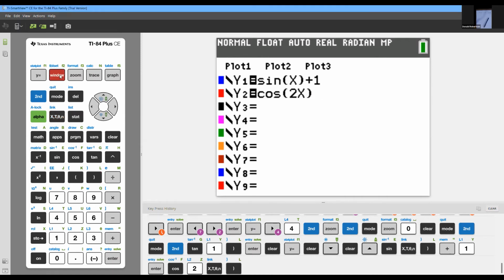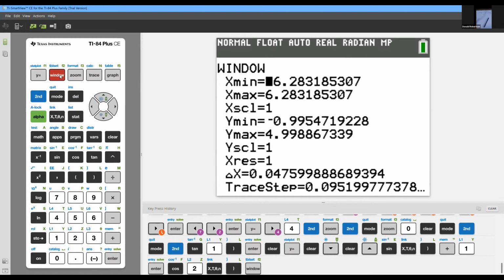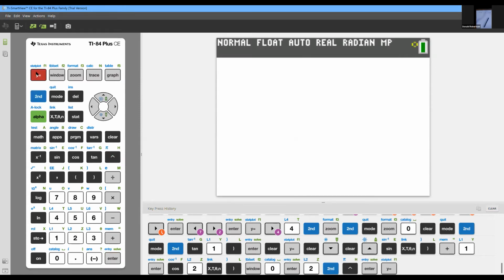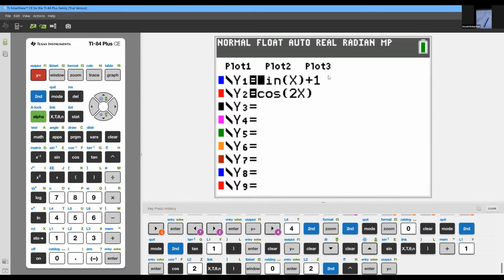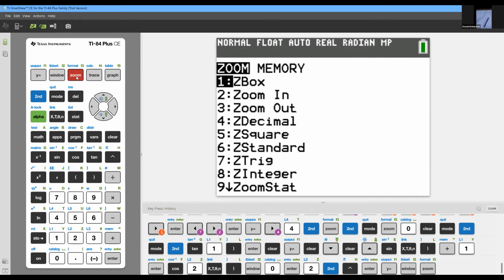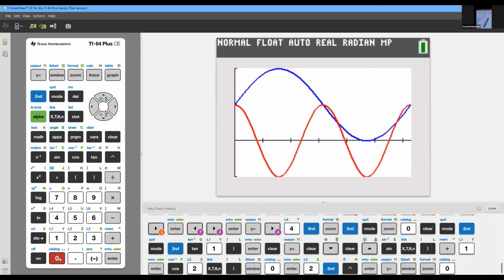And then I'm going to do a window. And the window is from 0 to 2 pi, because they told me in the question that it was. So y1, the left-hand side of the equals, y2, the right-hand side of the equals, the window 0 to 2 pi, then hit the zoom button, and I like zoom to fit, which is zoom 0.